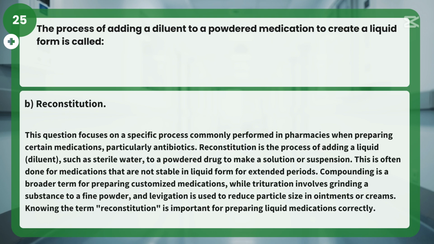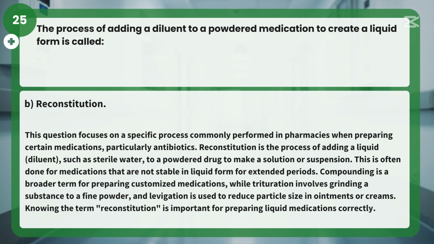Answer: B. Reconstitution. This question focuses on a specific process commonly performed in pharmacies when preparing certain medications, particularly antibiotics. Reconstitution is the process of adding a liquid, diluent, such as sterile water, to a powdered drug to make a solution or suspension.